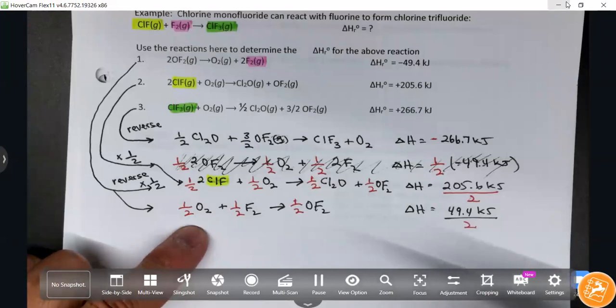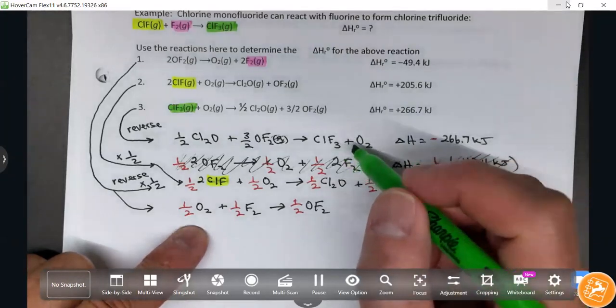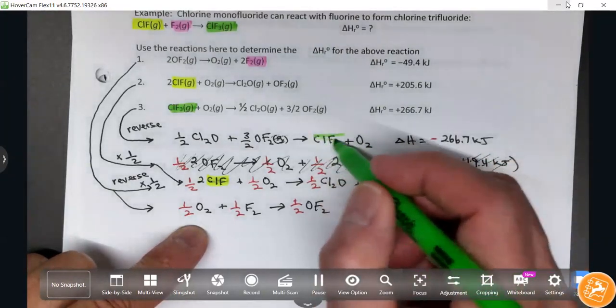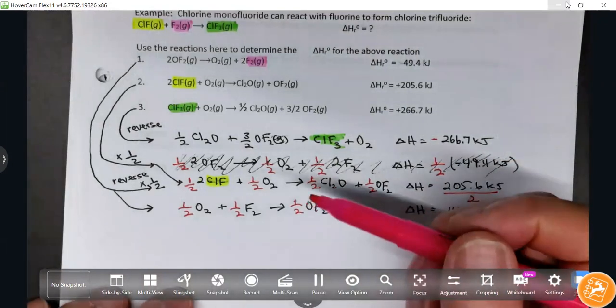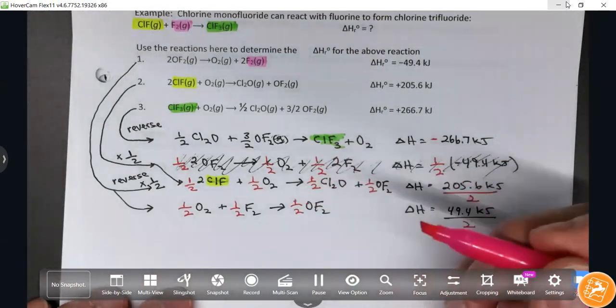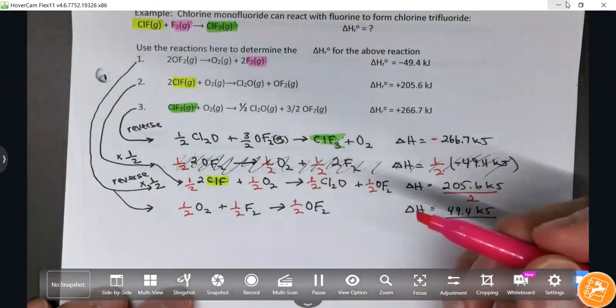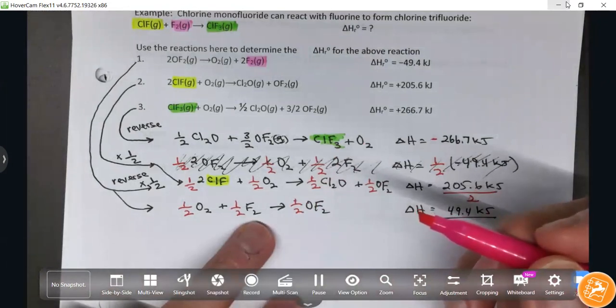ClF3 needs to be on the right. I think this is my ClF3, and it might be the right number. And then I need F2 on the left. That I have a half F2. Where's my other? I must have some more F2 somewhere else.